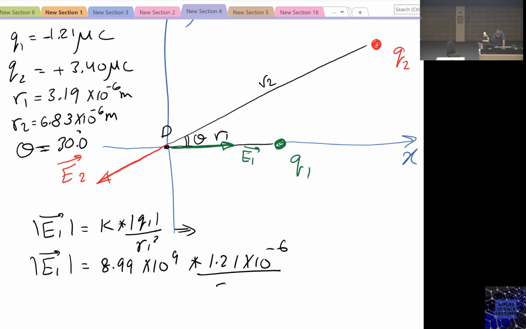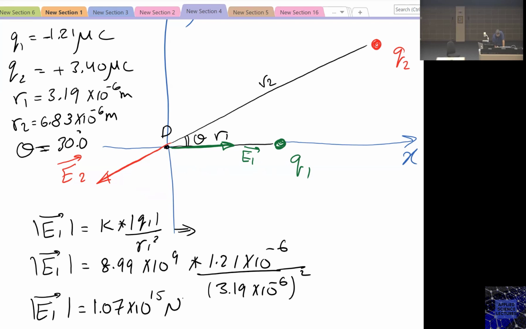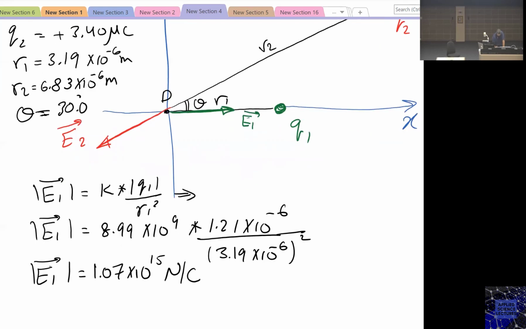And R1 is 3.19 10 to the power minus 6 squared. In this case, E1 magnitude is 1.07 10 to the power 15 newtons per coulomb.